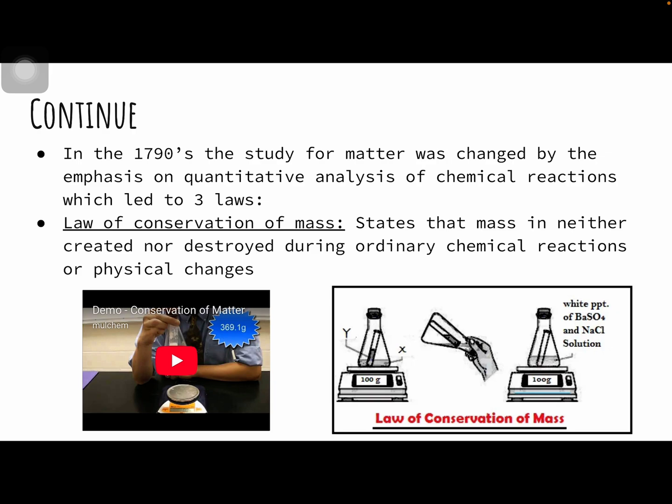The amount of matter it starts with, 369.1 grams, you have at the very beginning, mix it together, and let the chemical reaction take place, which in this case will form a precipitate, and you'll see a color change and a precipitate, or it will get cloudy.